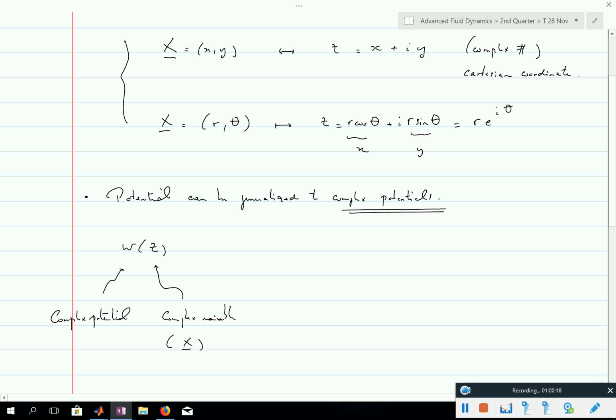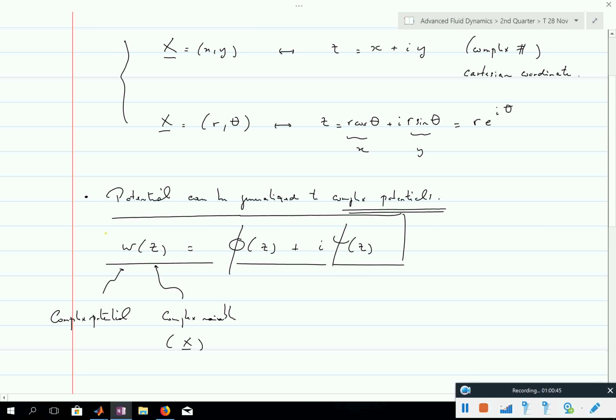Now my complex potential is a complex number, so it has a real part and an imaginary part. So if I decompose it, I'm going to call phi the real part, plus i times psi. So phi is the real part, psi is the imaginary part.